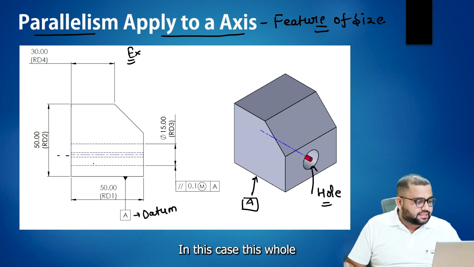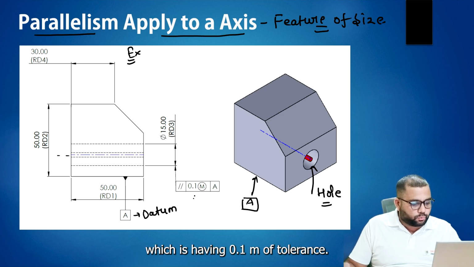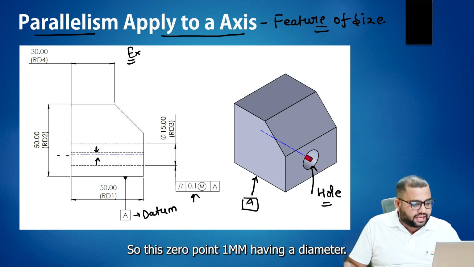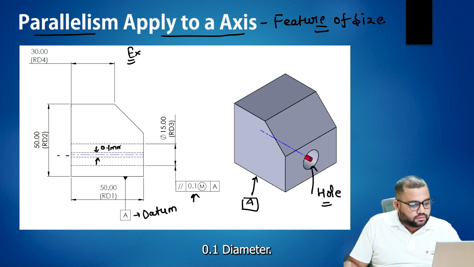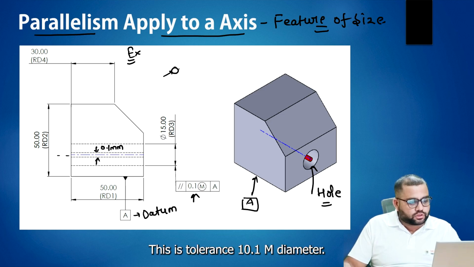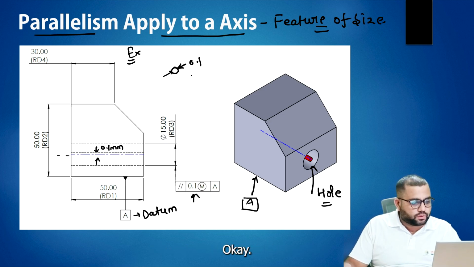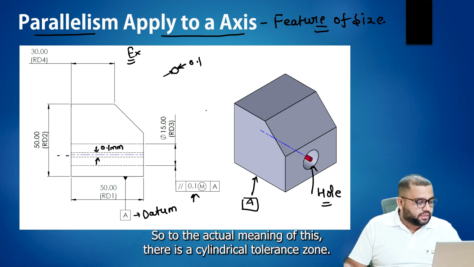In this case, this hole has 0.1 mm of tolerance. This is a 0.1 mm diameter tolerance zone. The actual meaning of this is that there is a cylindrical tolerance zone.